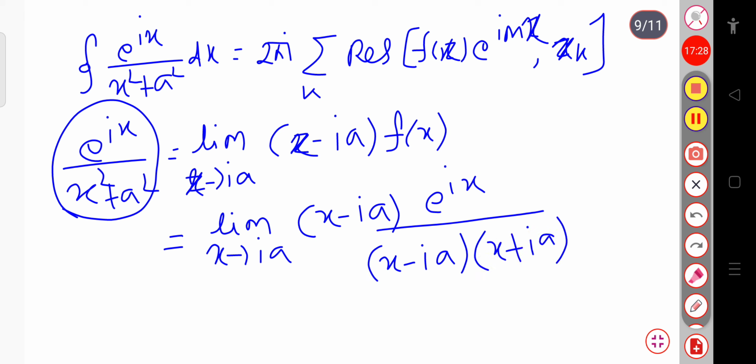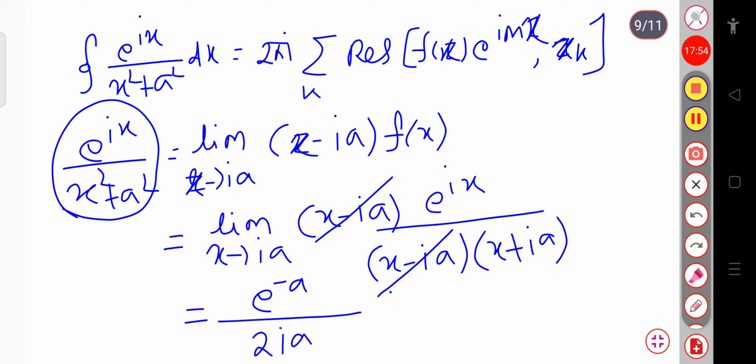If you multiply these two terms, you will get x square plus a square. So these two terms get cancelled. Then the remaining, if I put this ia term here, this will be exponential i into ia, that will be exponential minus a, divided by ia plus ia, that will be twice of i into a.